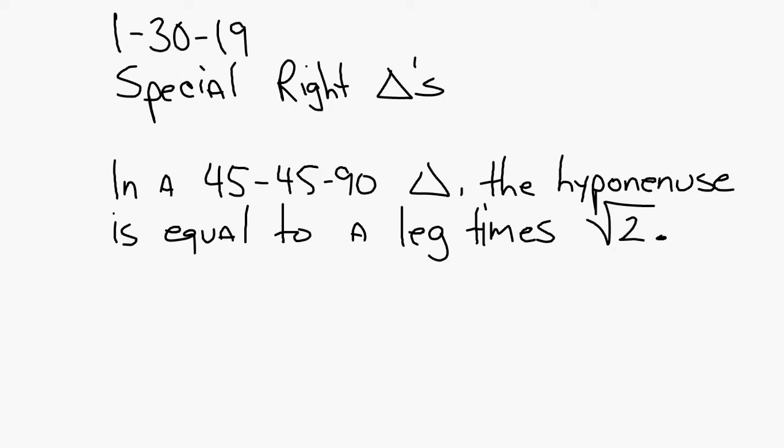In a 45, 45, 90, the hypotenuse is equal to a leg times the square root of 2.